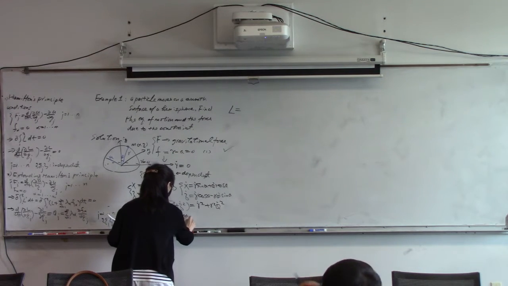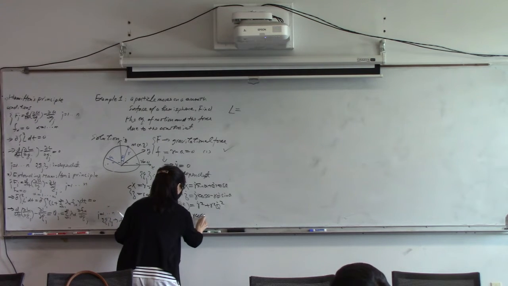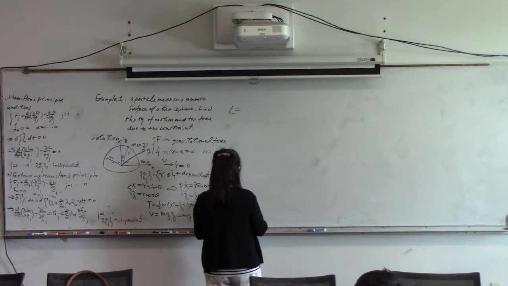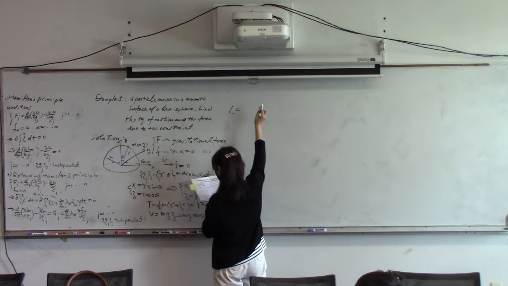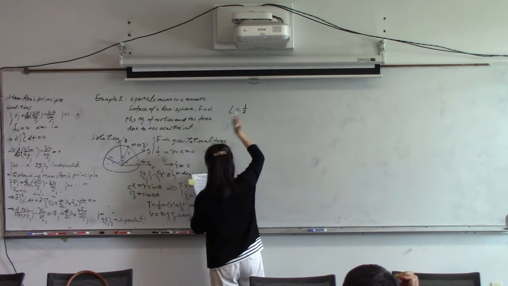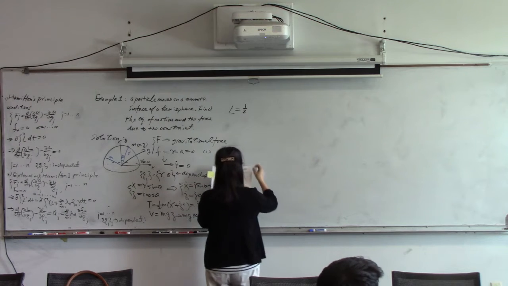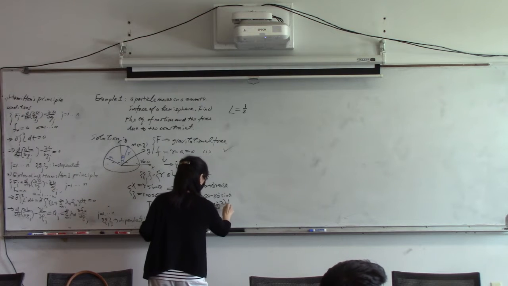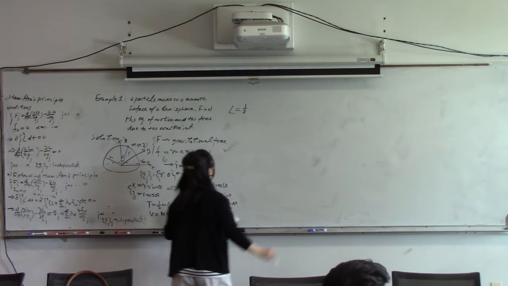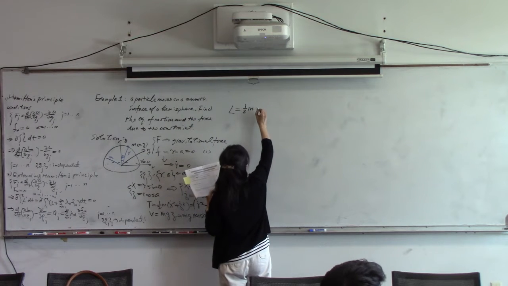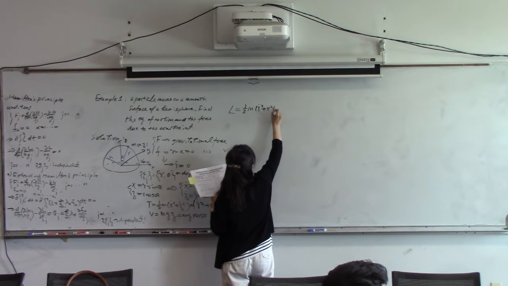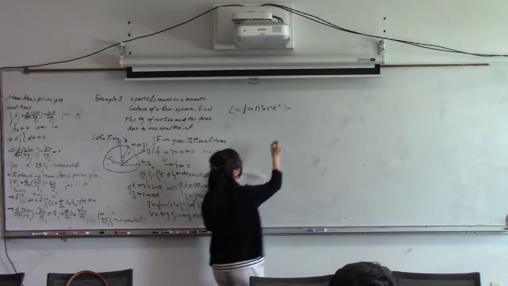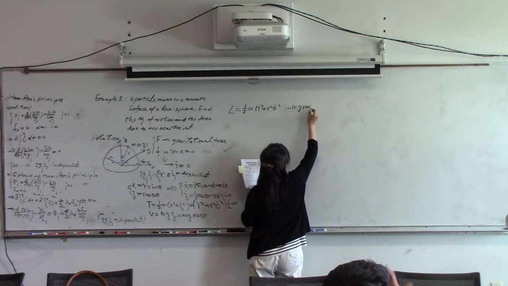Here you use this R cosine theta, if you replace this x and z by R and theta. So L is half m times R dot square plus R square theta dot square, minus V, which is mgR cosine theta.